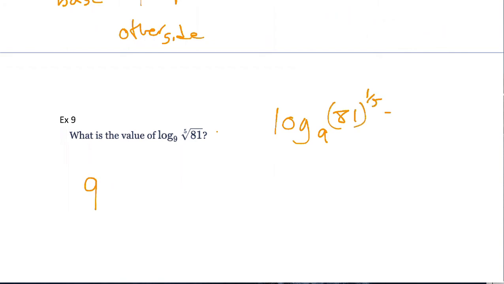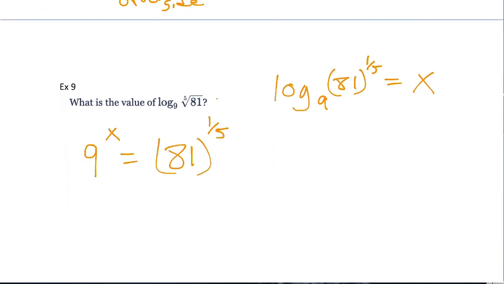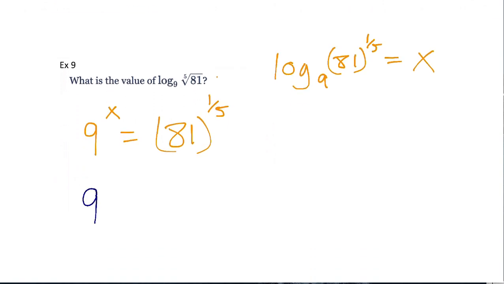Hopefully you remember that that's what we have. So this is 9 to the x is equal to 81 to the 1/5. Well, let's think about what 81 is. 81 is 9 squared, right? I mean, we could write this as 9 squared and then to the 1/5, because 9 times 9 is 81.